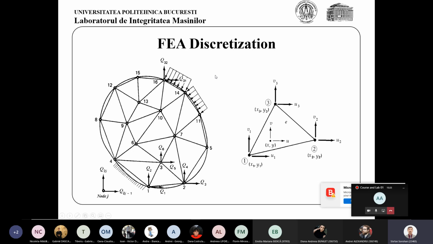You will see later in the next courses that these degrees of freedom are according to a global system of coordinates. We can define in each node, as I told you, 2 degrees of freedom, let's say capital Q, and we also have some numbers here, some identification numbers.